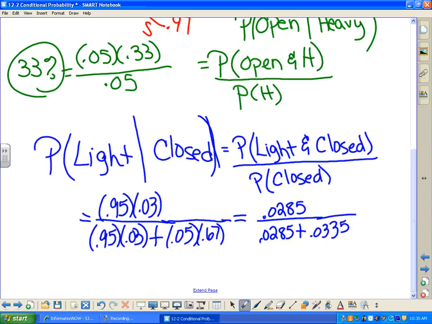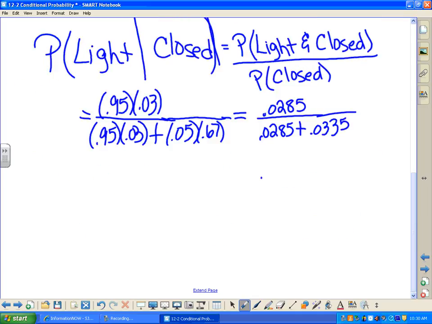Okay, so now I have 0.0285 over 0.062. Is that right? Yes? Okay, so now go ahead and divide them and you get what percent? 46? 46%? So there's a 46% chance that the snow is light given that they closed.